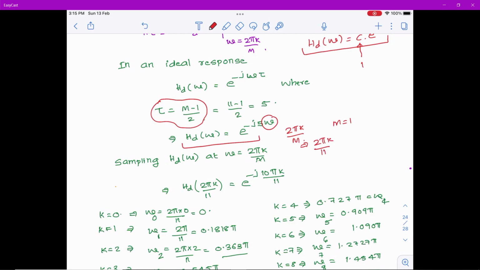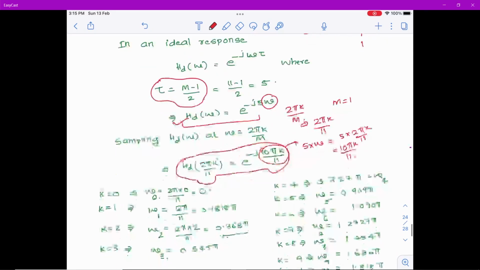The omega here was 5 into omega, so this is 5 into 2 pi k by 11, that is 10 pi k by 11. That is what is here.